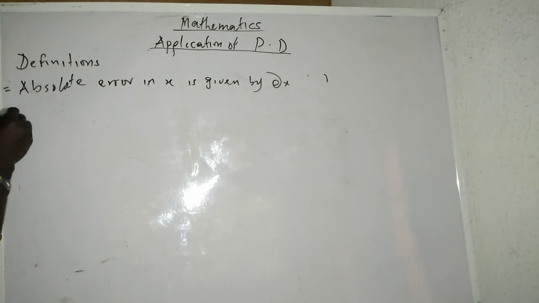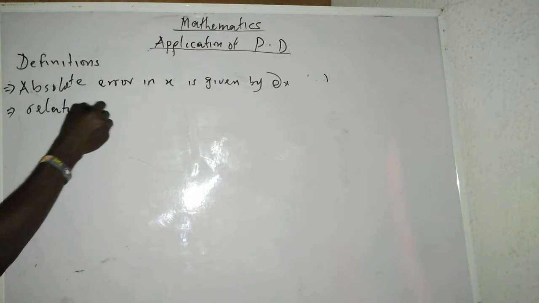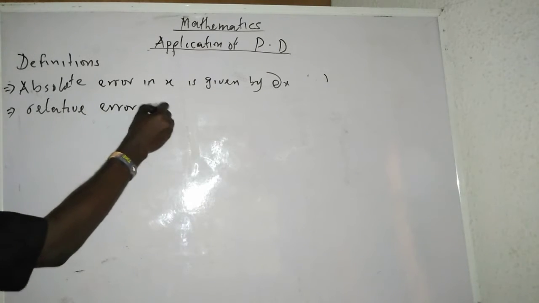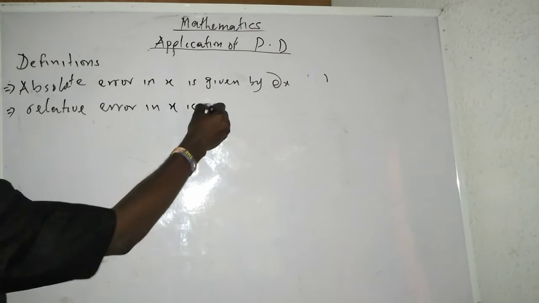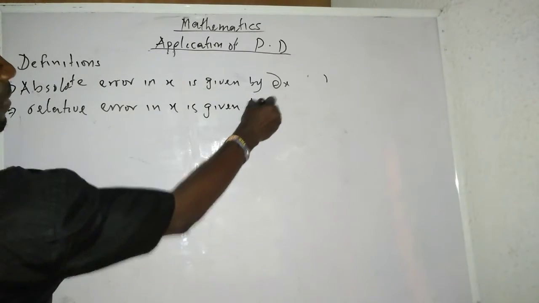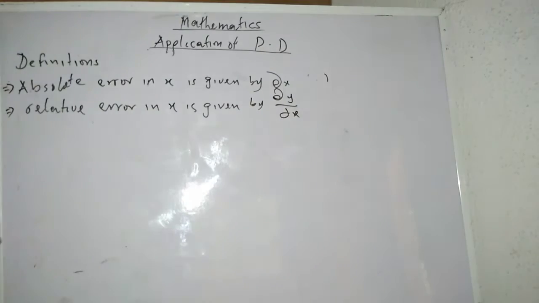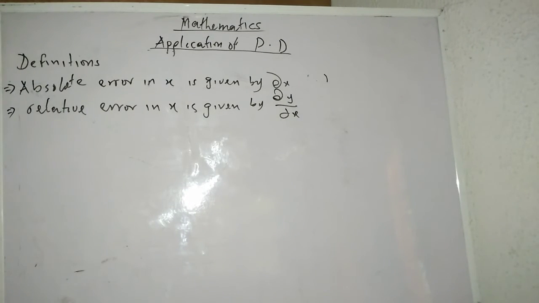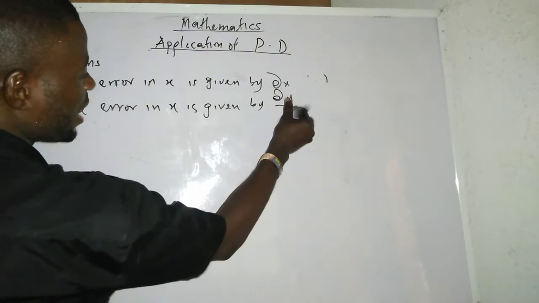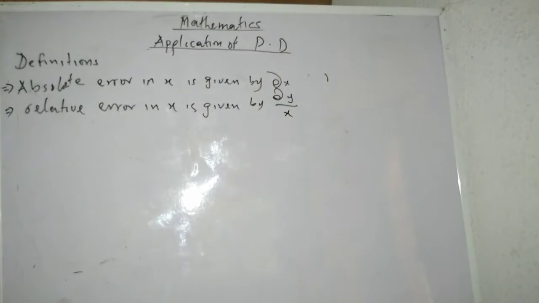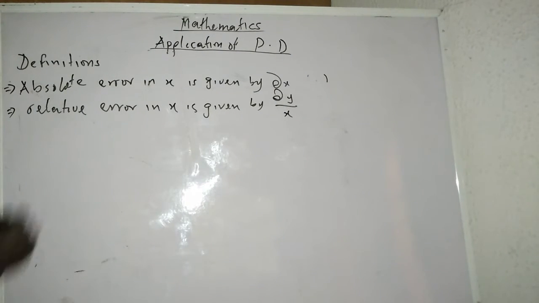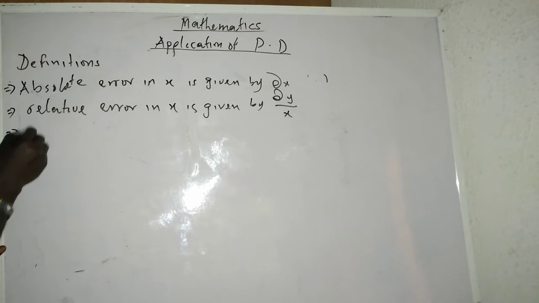And also, relative error in x is given by delta x all over x. That is relative error. Now, also, percentage error, which is the third one.